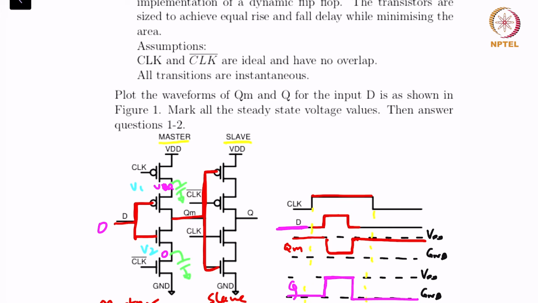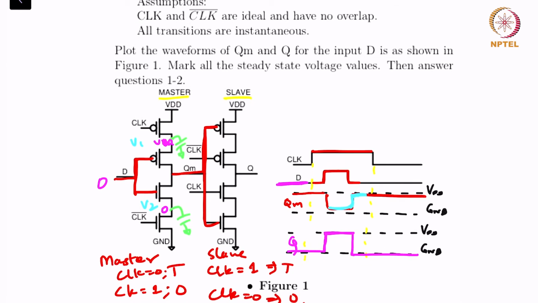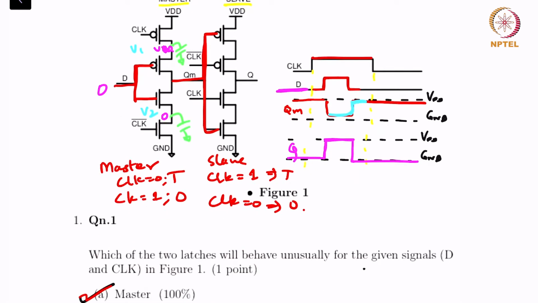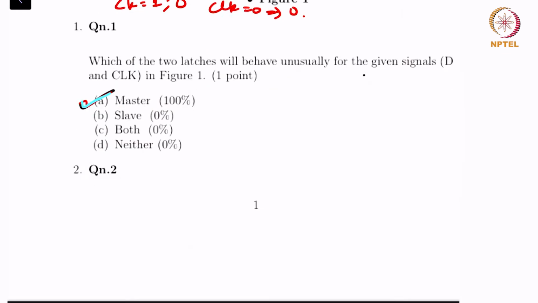Hence, when D goes to 1, QM goes to approximately 0. This node is not exactly held at ground. It is a floating capacitor at ground. So it goes approximately to 0, and when D goes back to 0, it goes back approximately to VDD. So the master latch is behaving unusually, and hence option A is correct.